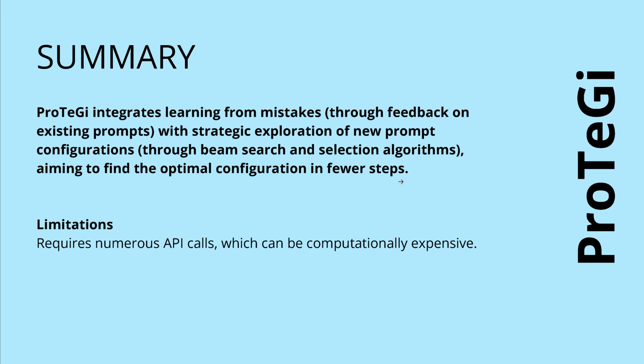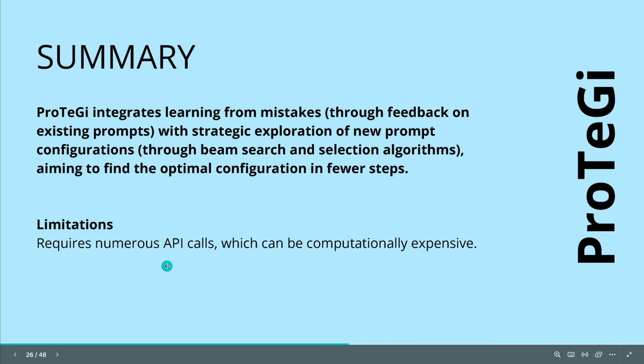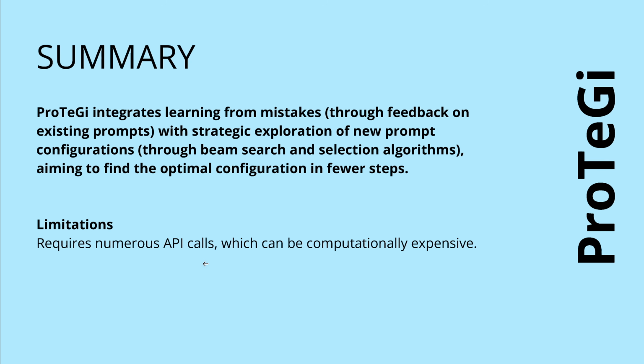And it does this in a more intelligent way than in DSPy and in a different methodology. However, honestly, this requires quite some API calls happening between those systems, which can be computationally expensive. So I would recommend you do it once here to find an optimal prompt structure for one particular problem, and then you can reuse this particular prompt. And I will show you an example in a second.